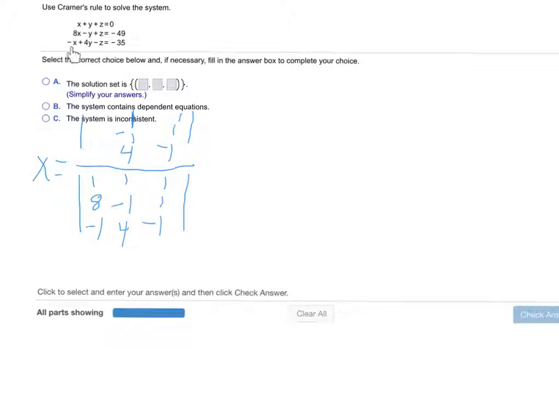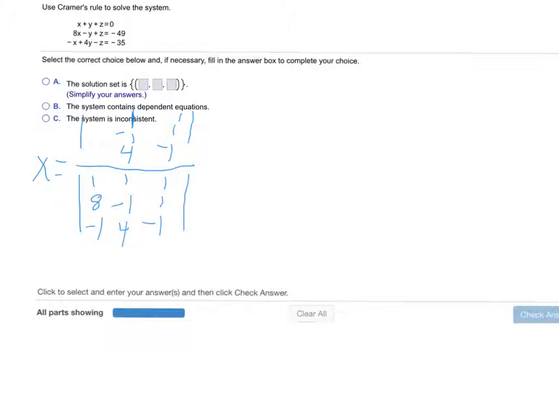When you have it already in this arrangement, so we have the variables on one side, constants on the other, everything lined up, you just write down the coefficients, 1, 8, and negative 1, 1, negative 1, and 4. That's what I have here, just the coefficients of x first, coefficients of y, and then the coefficients of z.